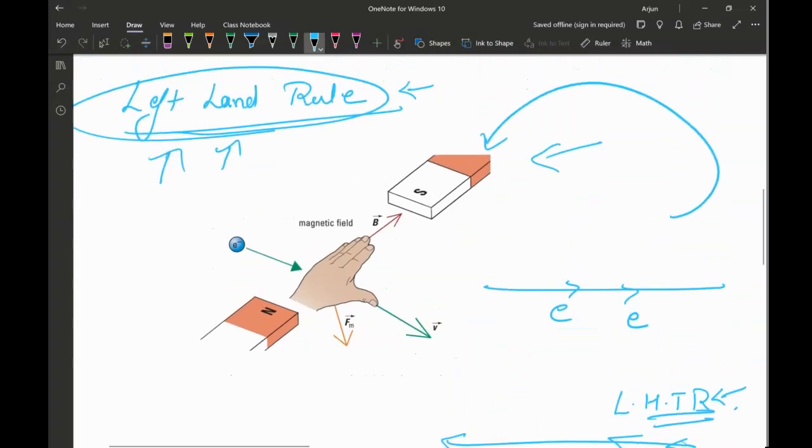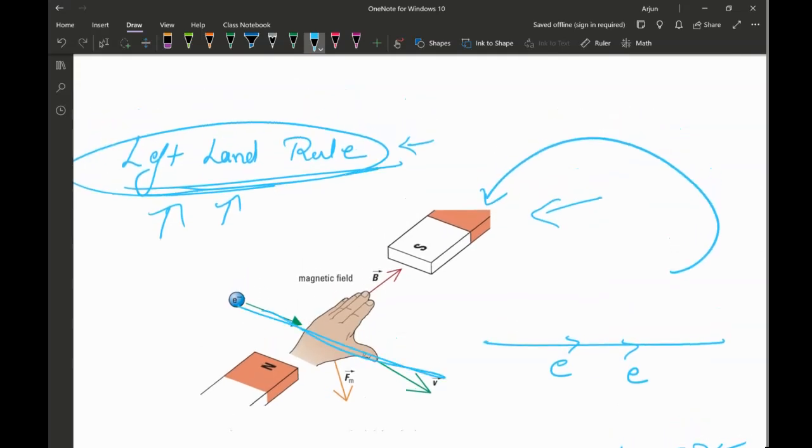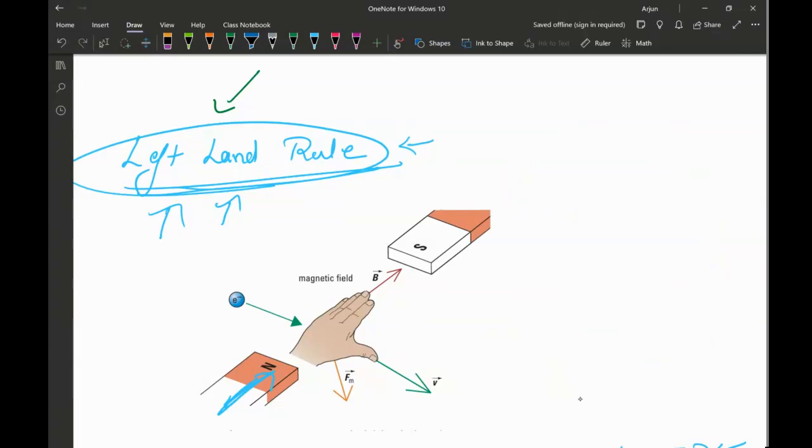Whereas now, if you place moving electrons in an external magnetic field, this is a magnet which has its own magnetic field. Starting from north, magnetic field lines go towards the south. In that case, we will use the left hand rule. Hopefully you were able to understand the difference between the two.